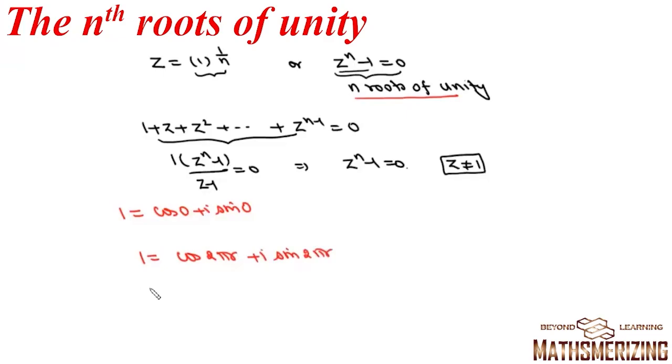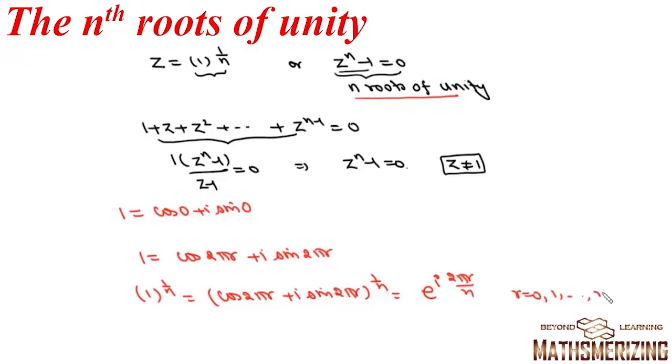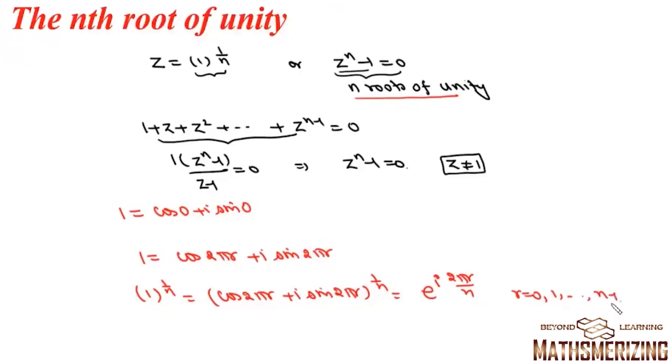Now we need 1 to the power 1 by n. We can write this as cos 2 pi r plus iota sin 2 pi r to the power 1 by n. We can write this as e to the power iota 2 pi r by n, where the value of r varies from 0 to n minus 1.